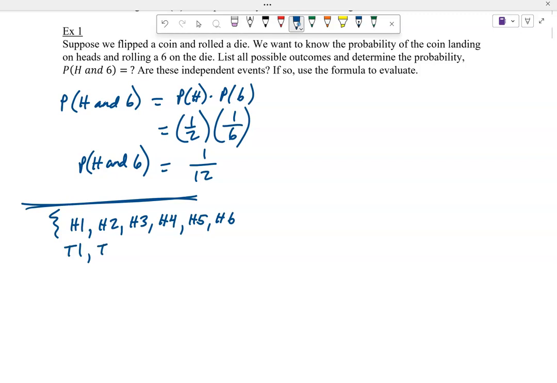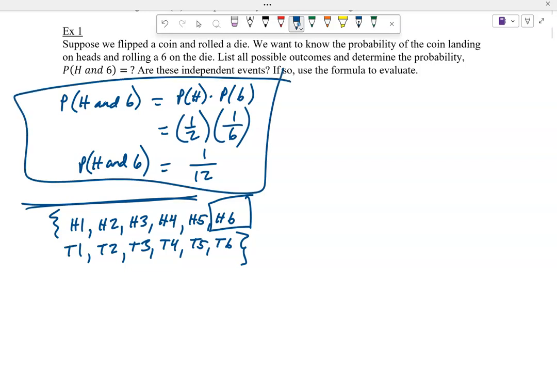A tails and a number 2. A tails and a 3. These are all the possible outcomes. Notice all those possible outcomes, what we wanted is we wanted to get a heads and a number 6. There's only one winner out of 12 possible outcomes. So this one you could visualize that, right? But we're wanting to practice using this formula up here. Probability of independent events. Probability of A and B is probability of A times probability of B.